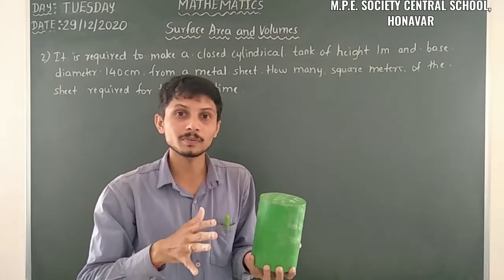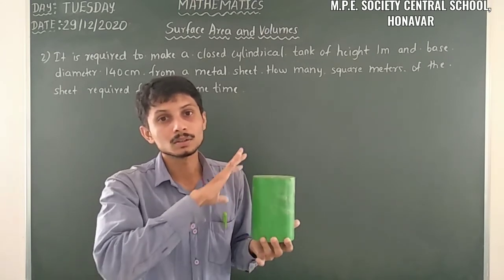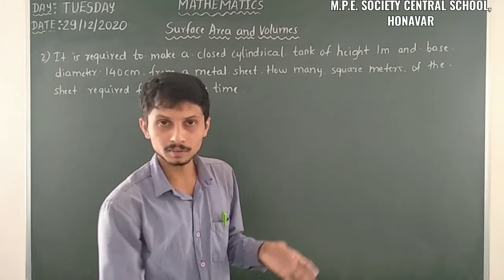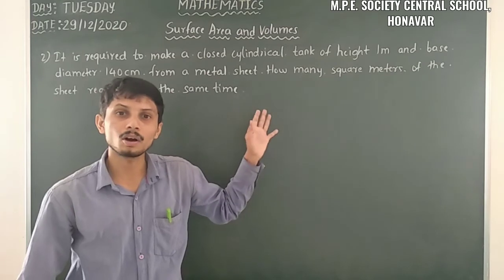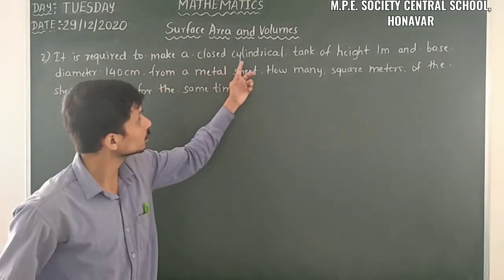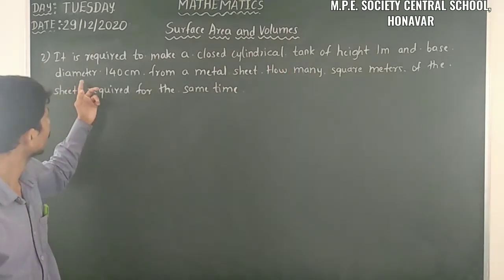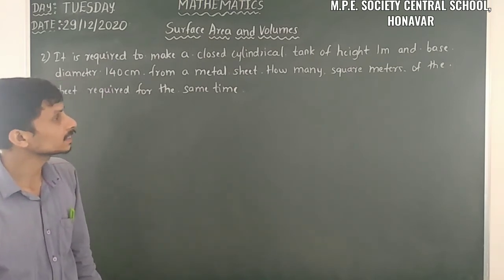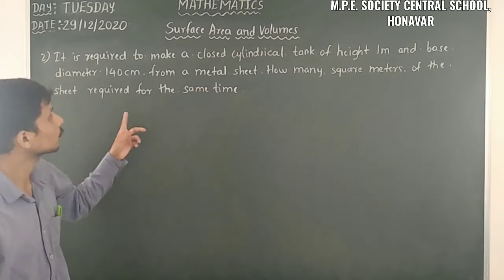We have to check whether we need to find the total surface area or the curved surface area. It is required to make a closed cylindrical tank of height 1 meter and base of diameter 140 centimeter from a metal sheet. How many square meters of the sheet are required for the same tank?